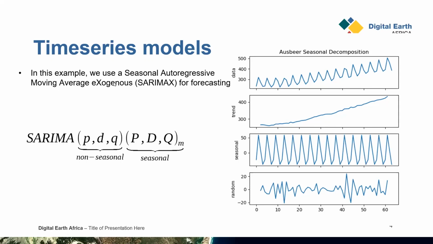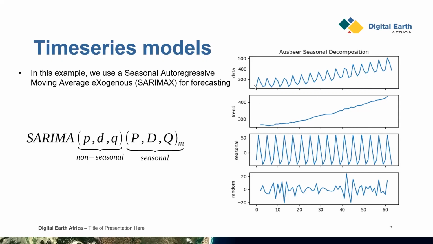The S stands for seasonal. Autoregressive means that it runs a regression on itself. Moving average means that the forecast is built based on a moving average of a series of previous observations. And exogenous means that it can account for external variables, although we don't use that function in this case.